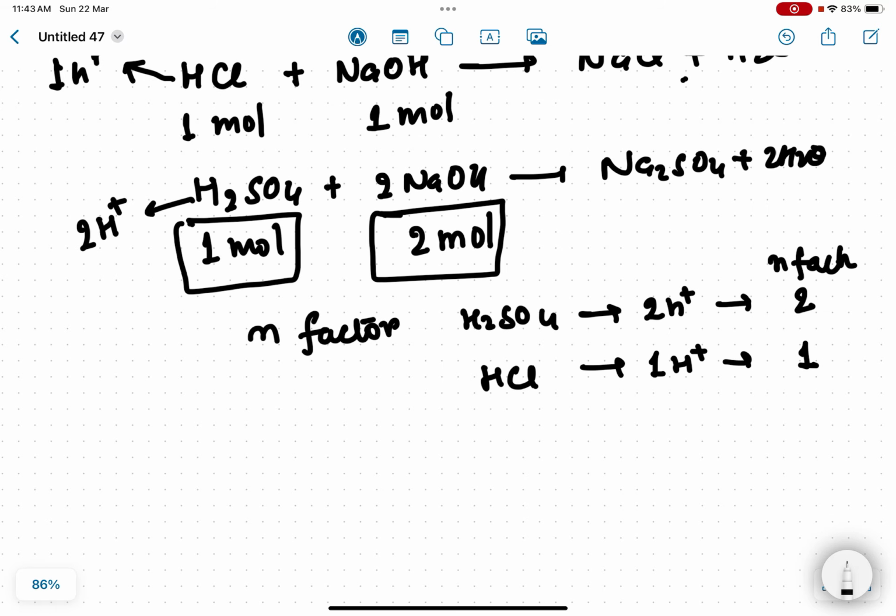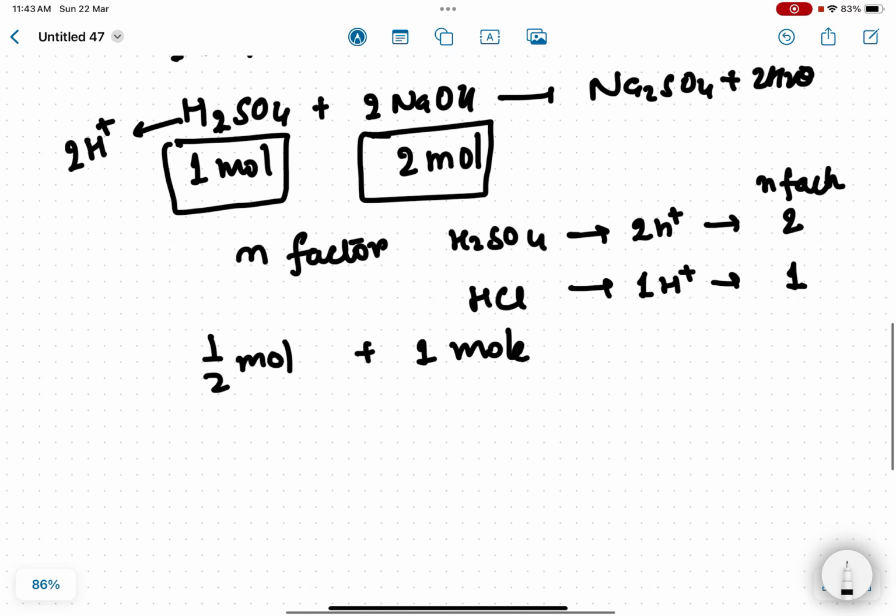Basically, H2SO4 has more reactive power to neutralize NaOH. That's why only half a mole of H2SO4 is required to neutralize 1 mole of NaOH. And if we can find terms where an equal number of units interact with each other, it will be easier for us to calculate and understand the reaction.